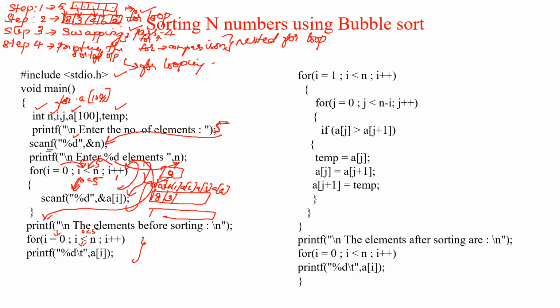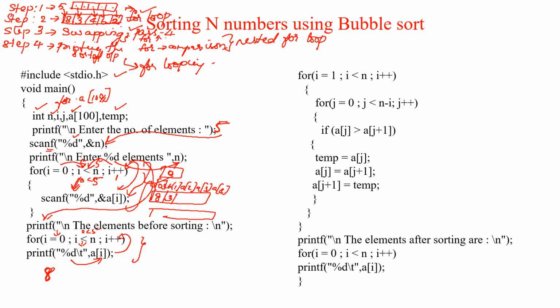What is the statement here? printf %d, so %d will be replaced by a of i. In the first case it is a of 0, so a of 0 will be printed on the screen. So the first data will be printed. Now what will be the second? Next it increments the value of i and again checks the condition. i will become 1. 1 is less than 5.